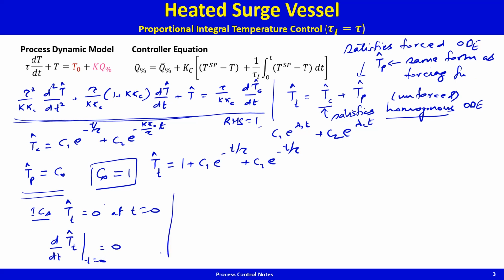If I apply these two initial conditions, from the first initial condition at t equal to 0, both the exponentials go to 1, where tau prime is equal to tau by kc, okay, so from the first initial condition you get c1 plus c2 is equal to minus 1.